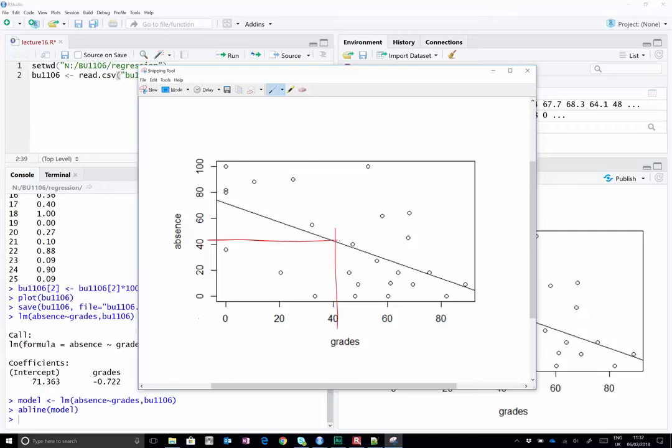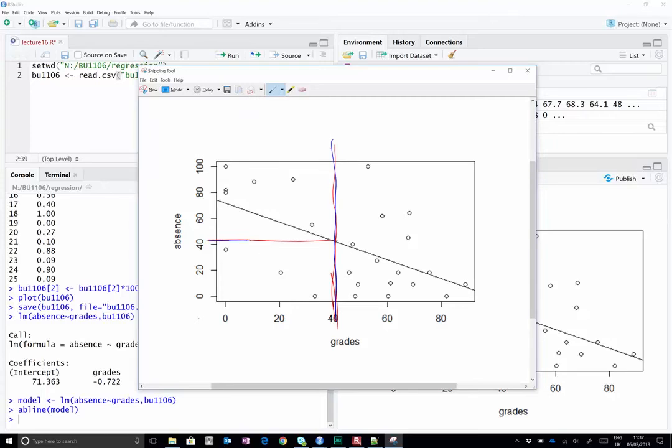Yeah. So people. All the people left of this line, let's change to another color. Yeah. Now all the people left of this line failed.